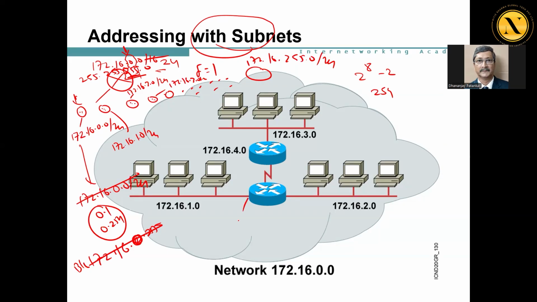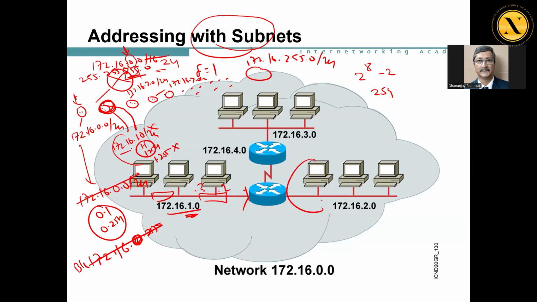So look what they have done. Here, this interface, and here switches. They have taken this subnet, 172.16.1.0. So 1.1 to 1.254 they have taken. 1.255 you can't use, 1.0 you can't use, right? So you give here 172.16.1.1, 1.2, 1.3, up to 1.254.